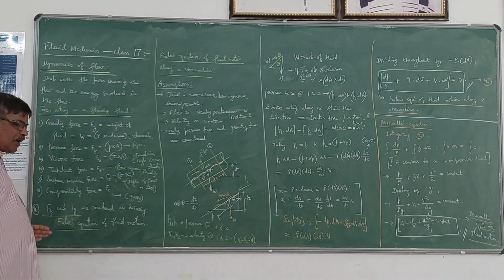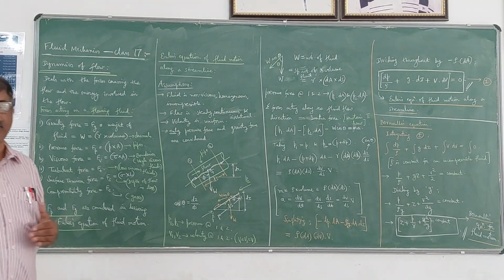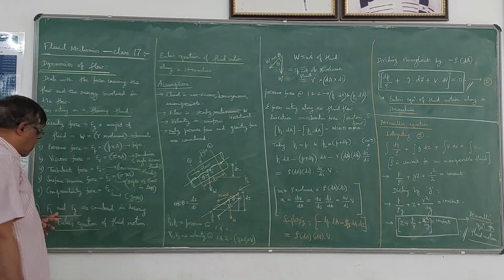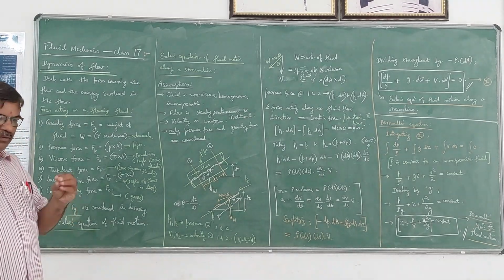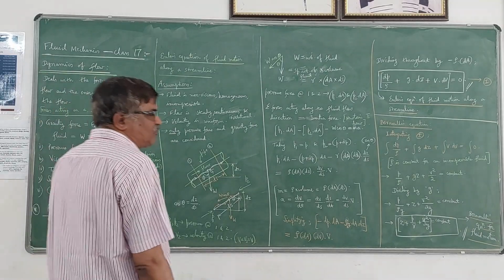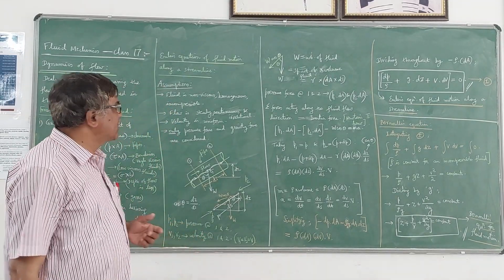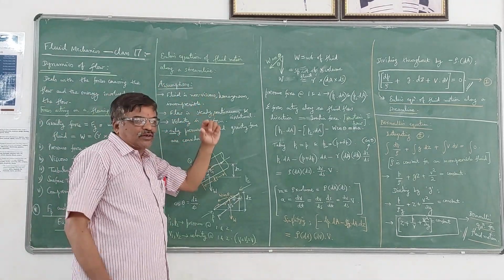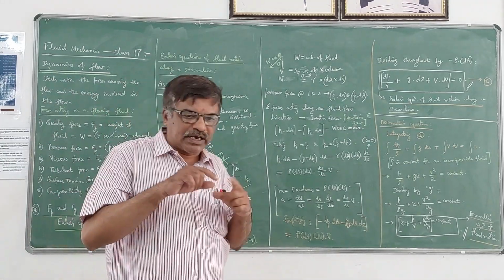So we are going to derive an important equation called Euler's equation of fluid motion along a streamline. In that case, we are going to consider only pressure force and gravity force for the analysis. The rest of the forces, they are neglected. Now Euler's equation of fluid motion along a streamline. So we are going to take a streamline.